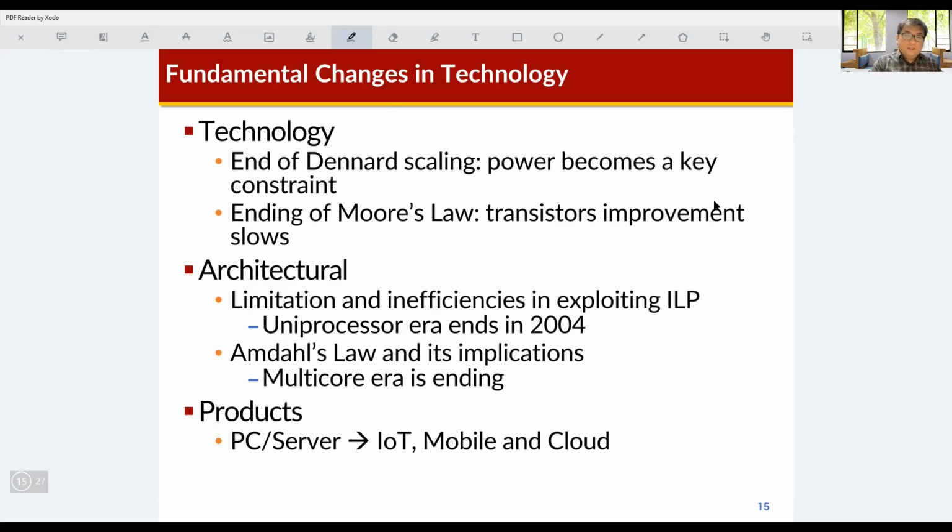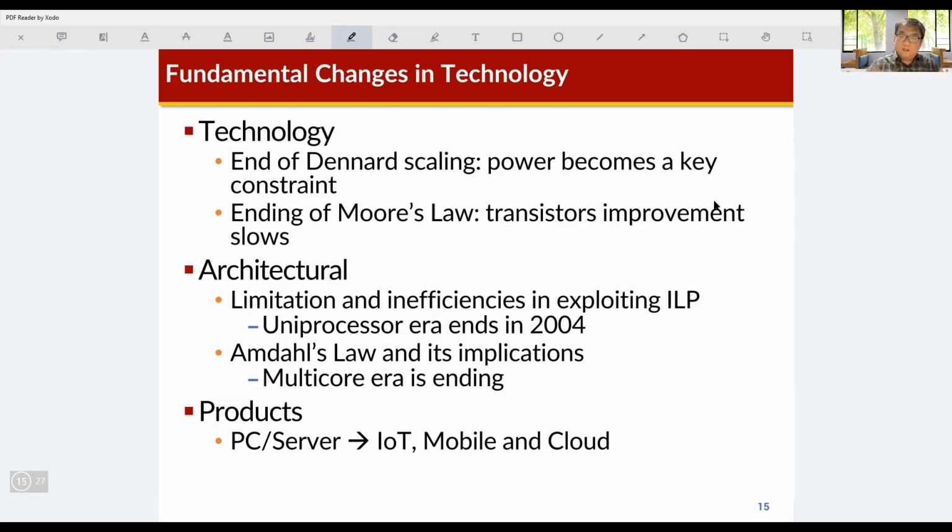Okay. On the technology side, Dennard scaling has already ended. So what is Dennard scaling? The power density is maintained in the same area, the unit area of the CPU. That is Dennard scaling.